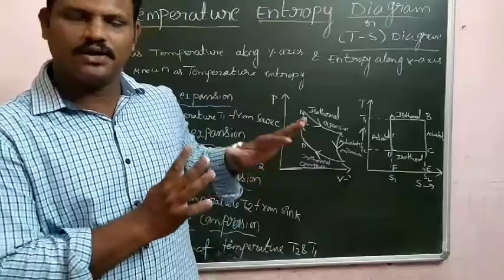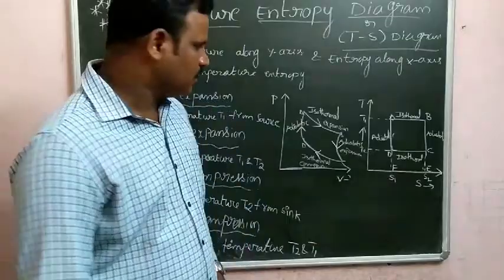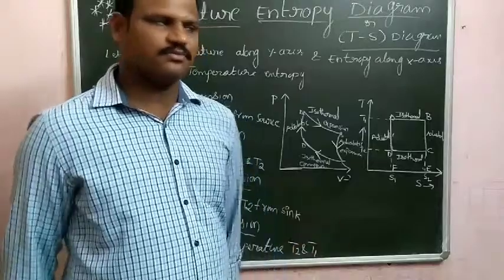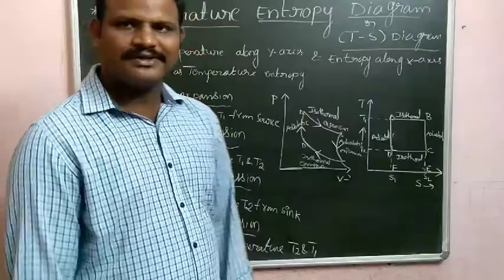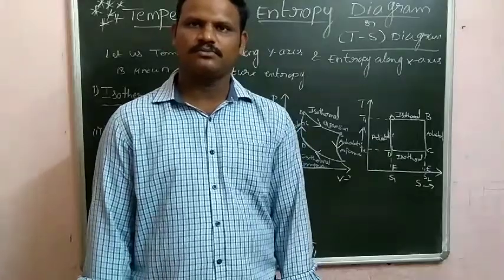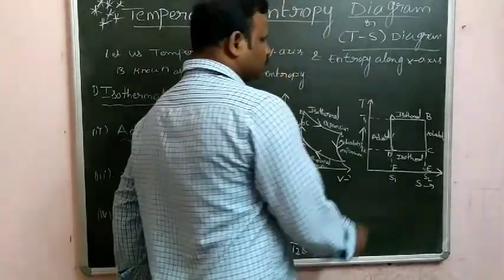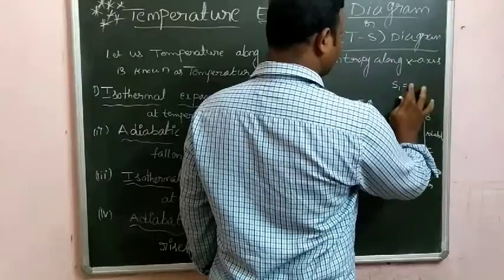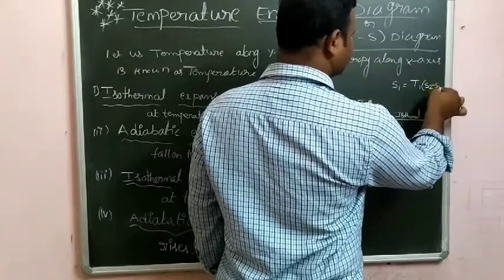Okay, this is the diagram. Next one, explanation of the TS diagram. First, isothermal expansion. In the isothermal expansion, the amount of heat Q1 at a temperature T1 equals temperature T1 into S2 minus S1.